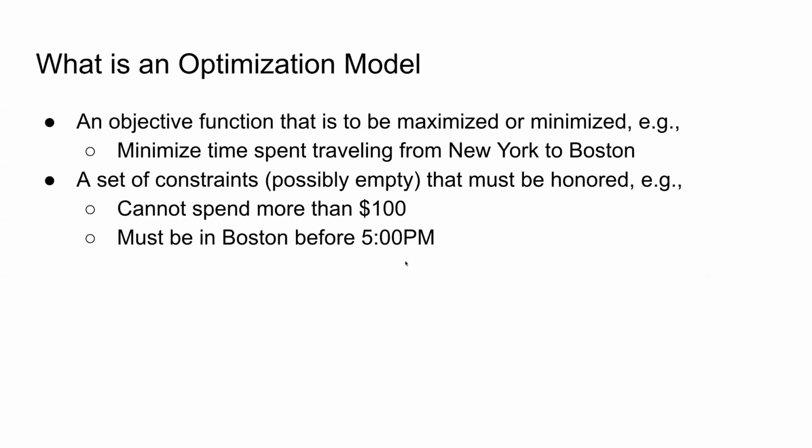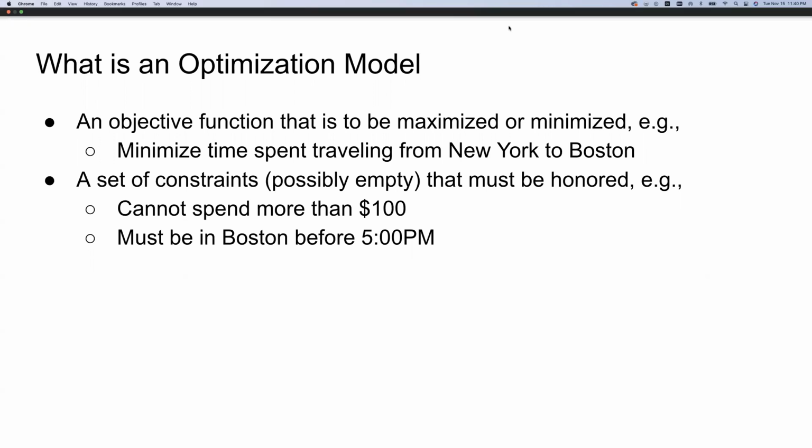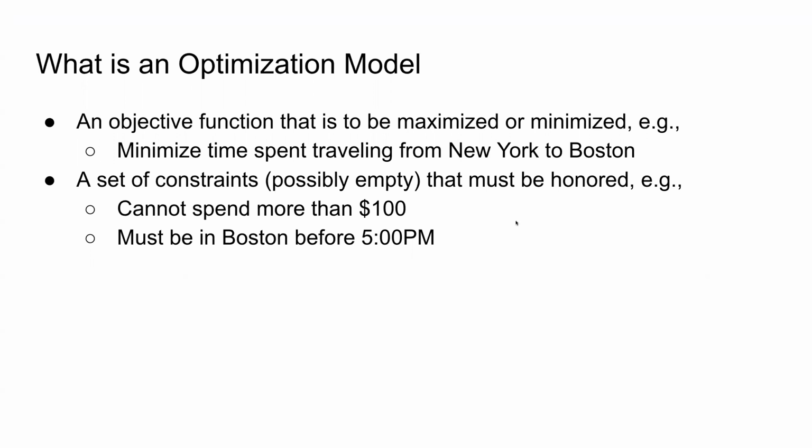So what is an optimization problem? Basically, as far as our subject is concerned, we're talking about an objective function that is to be maximized or minimized, right? For example, if you want to minimize the traveling time from A to B, or you have a set of constraints that typically must be observed.